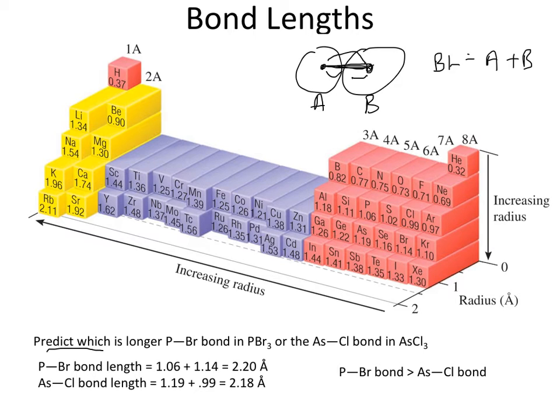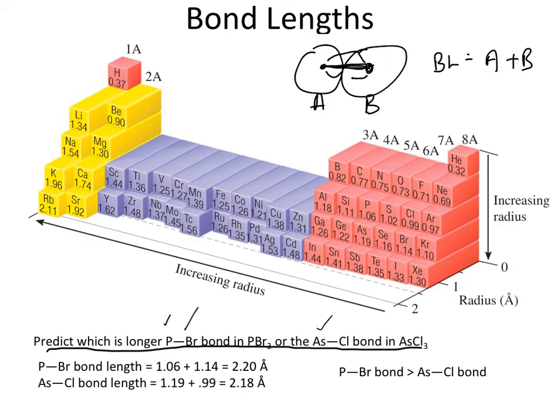So if I ask you to predict the bond length in each one of these molecules, I would look up on the chart the radii for phosphorus and bromine, as well as arsenic and chlorine, and sum those as you see here. Your phosphorus and bromine radii get summed.